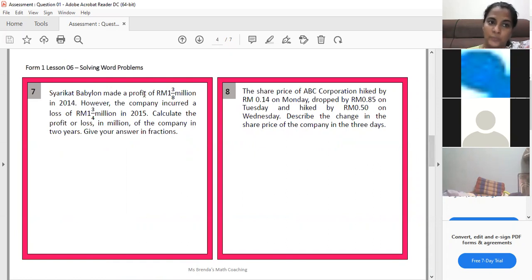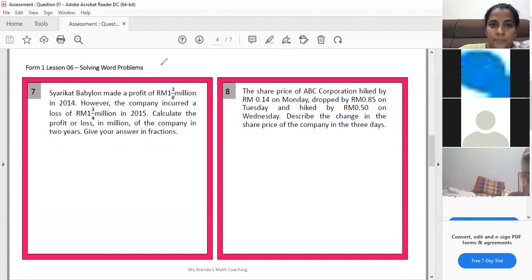Okay, all of you now. Number 7, on your side. Do try to work it out first. Read slowly. Whenever you read a question, read it slowly. Sharikat Babylon made a profit of so much in 2014. However, the company incurred a loss of so much in 2015. Calculate the profit or loss in millions of the company in the 2 years.